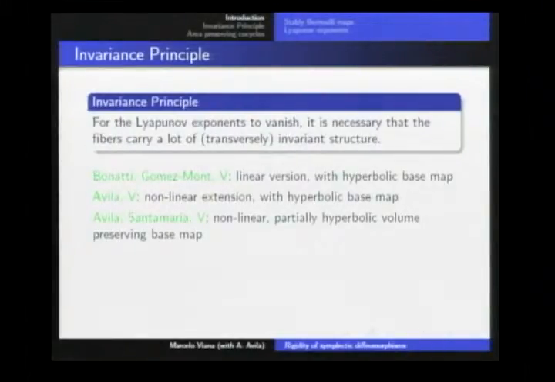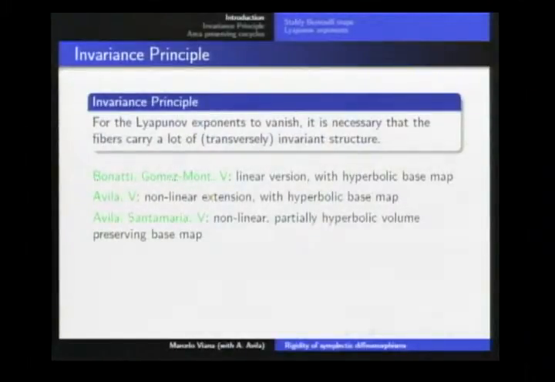So, a little bit of history. The first version of the invariance principle, without the name, appeared in Christian's and our joint paper with Javier Gomez-Mont, and that was for linear systems, and the base dynamics was hyperbolic.